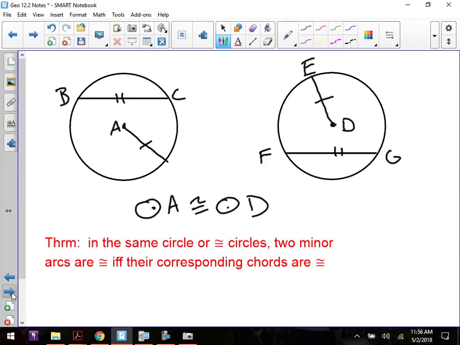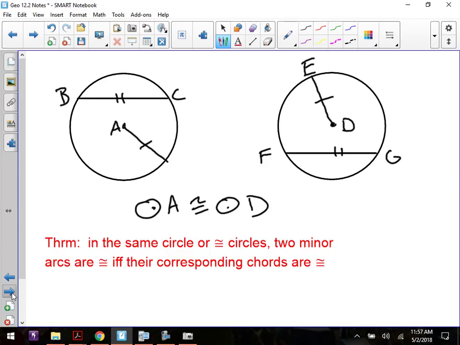Now, let's say, for example, that this is 80 degrees. You guys are okay knowing that if that's 80 degrees, these two base angles have to be how much? 50. Everybody okay with that? That means this arc is how much? 80 degrees. Good. It means that arc would have 80 degrees.